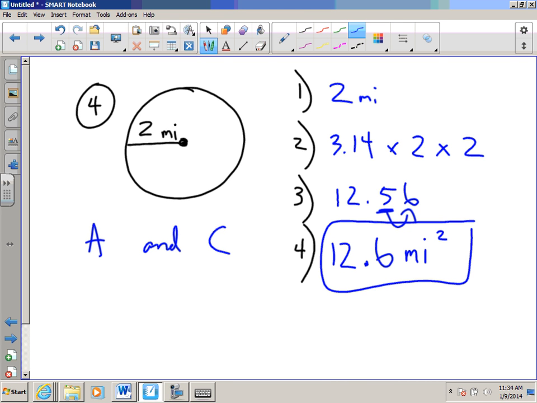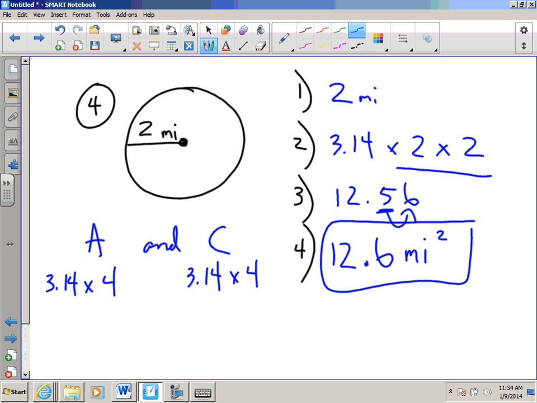Now, the interesting thing, on a circle like this, what's the difference between the area and the circumference? Area, what do we do? Essentially, we went 3.14 times, didn't we? 3.14 times 4. Circumference says 3.14 times d. If this is r, what's d? So what do you notice about a circle like this?